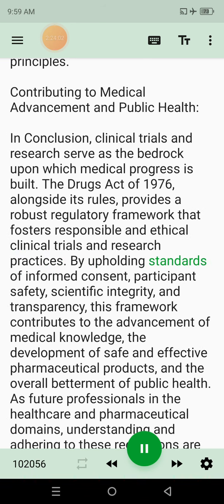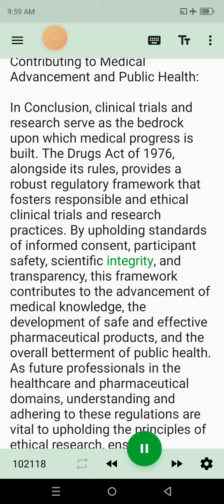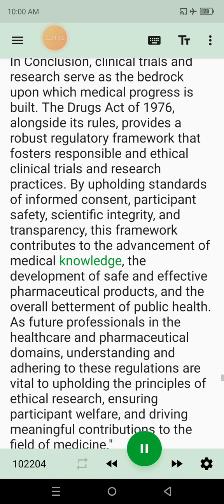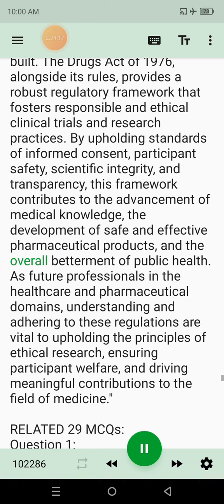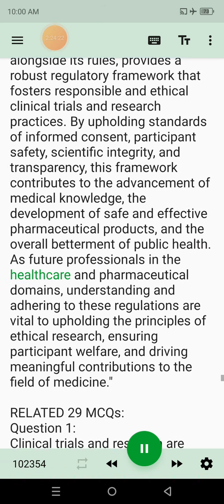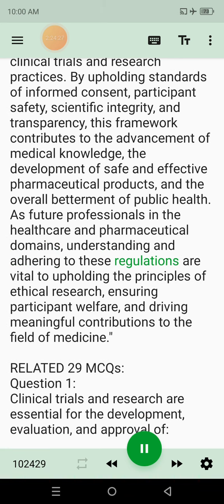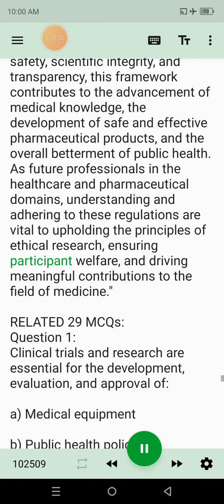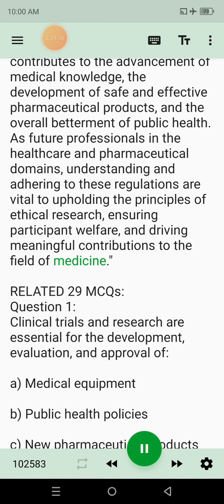By upholding standards of informed consent, participant safety, scientific integrity, and transparency, this framework contributes to the advancement of medical knowledge, the development of safe and effective pharmaceutical products, and the overall betterment of public health. As future professionals in the healthcare and pharmaceutical domains, understanding and adhering to these regulations are vital to upholding the principles of ethical research, ensuring participant welfare, and driving meaningful contributions to the field of medicine.